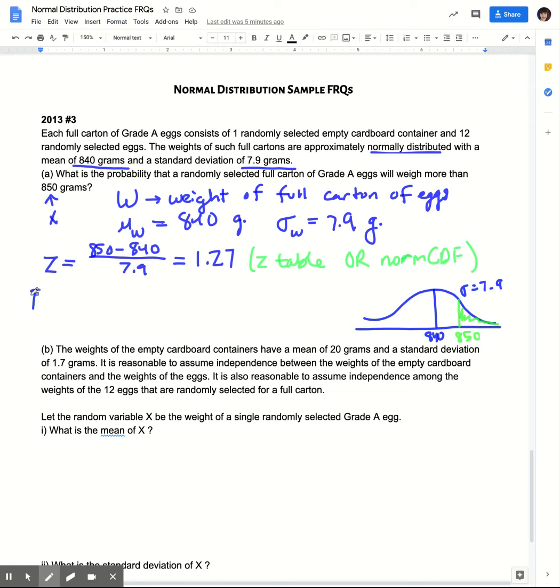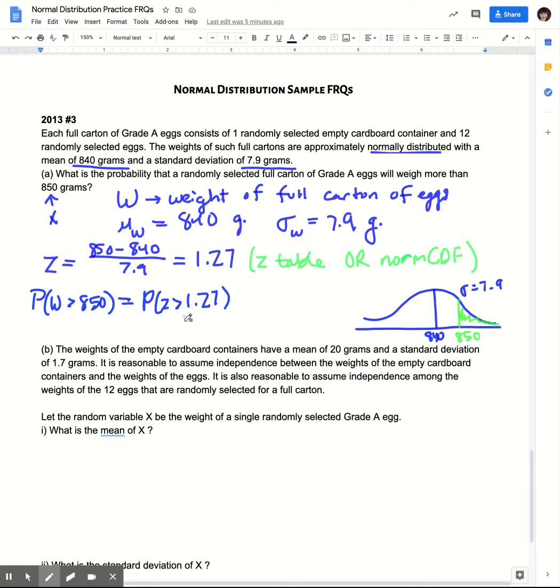So what I'm calculating is the probability that W, the weight, is greater than 850, which is the same as the probability that Z is greater than 1.27. You don't have to write both probability notations, but you need at least one, because that gives the answer some context.